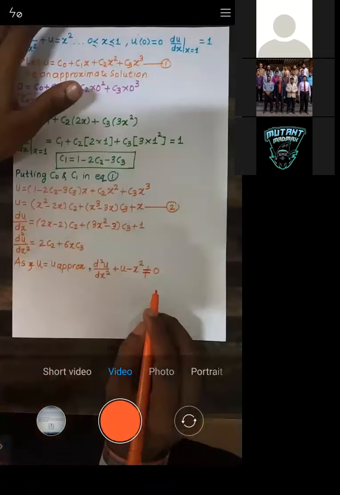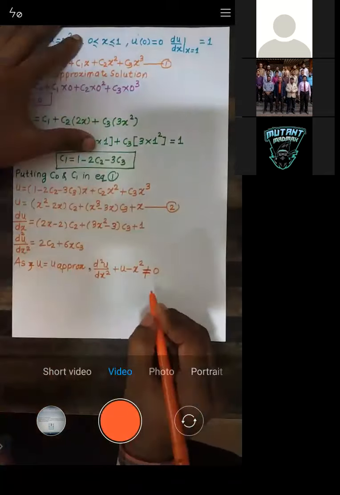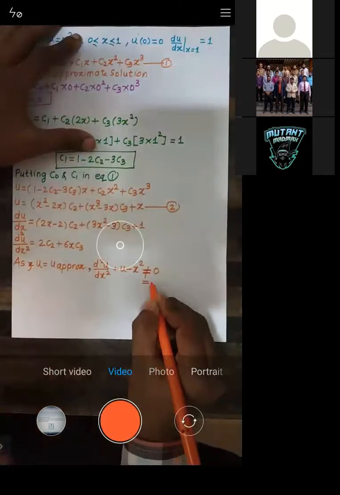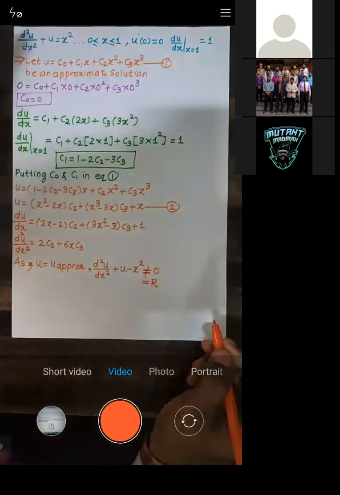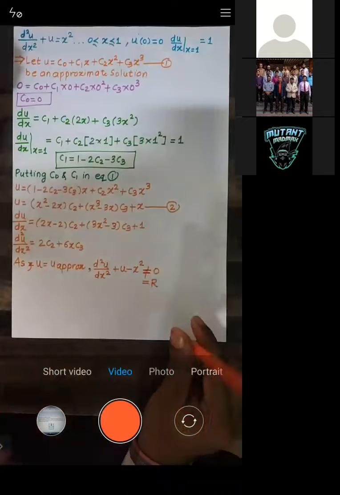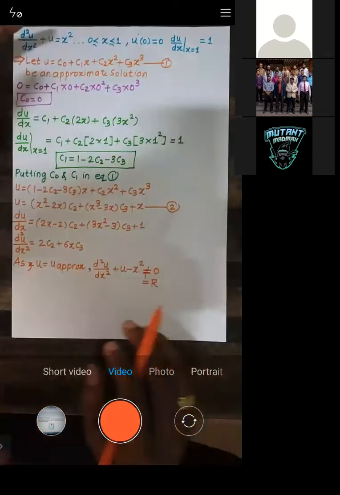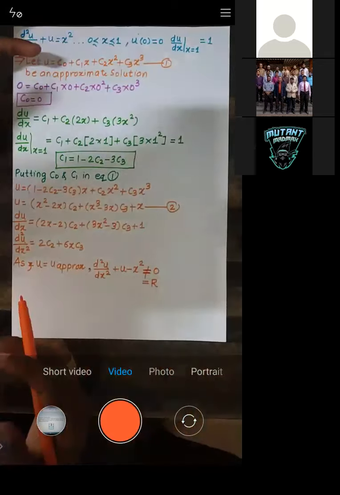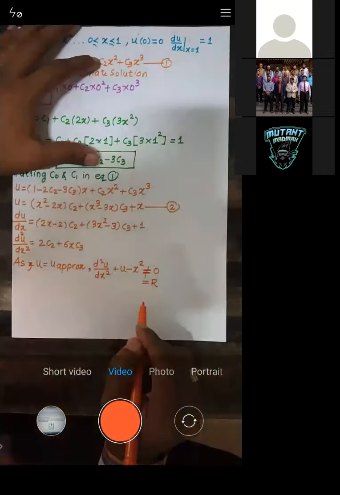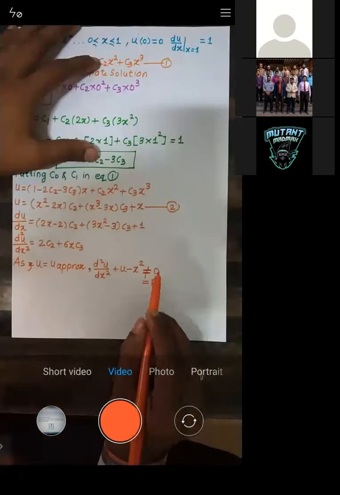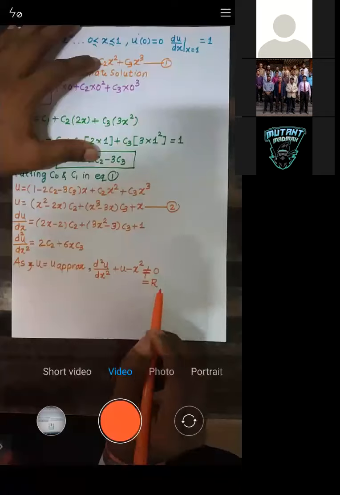Since it is not equal to 0, it is called a residue. That means there is some error, and that error we call the residue. Now we want that error to be equal to 0.